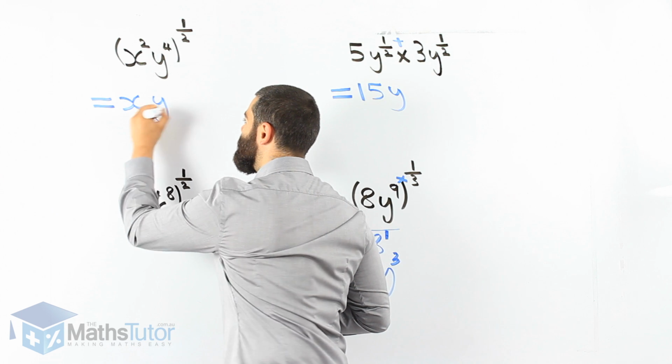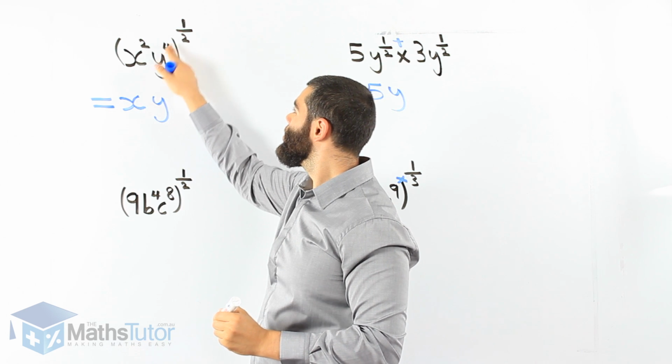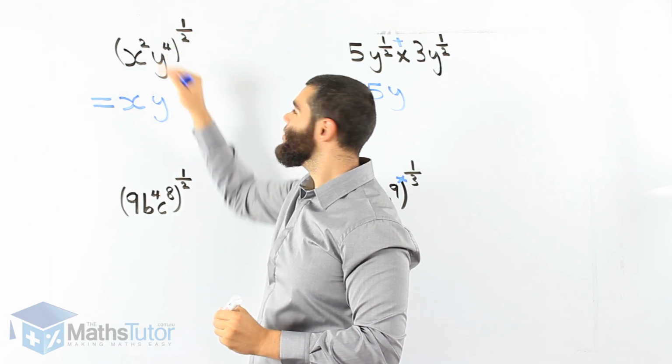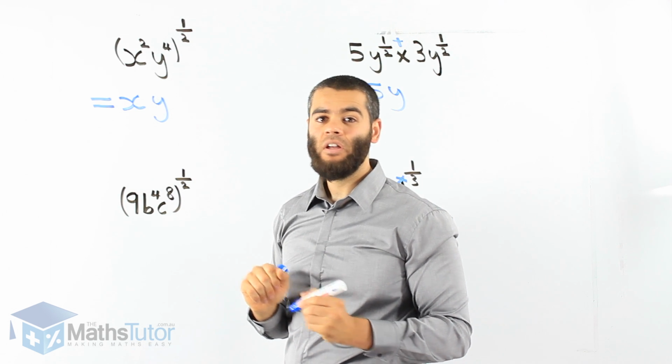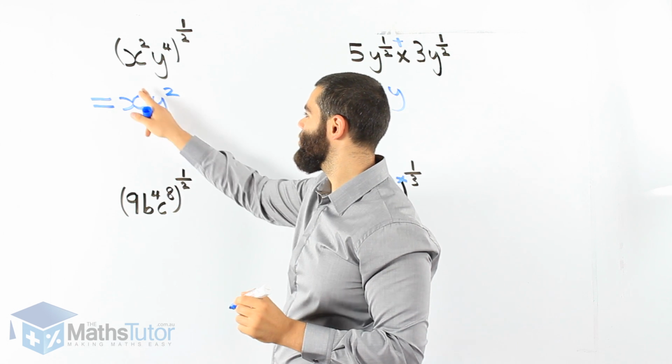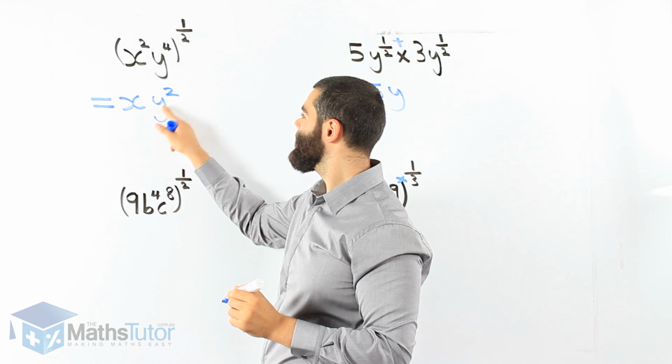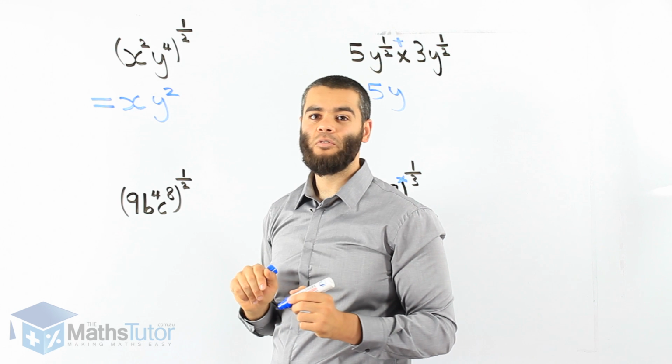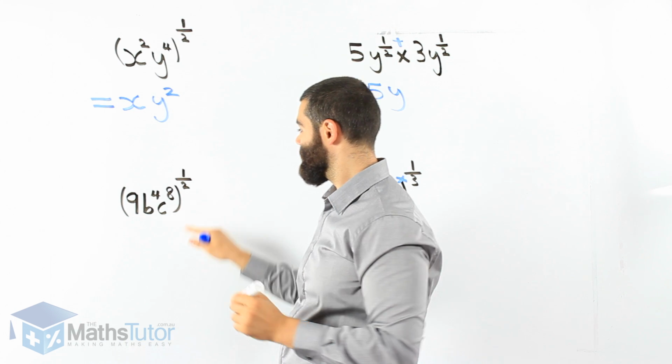And then we are working with the y. 4 times a half is 2, y squared. So x to the power of 1, it's invisible, y squared. xy squared is our final answer.